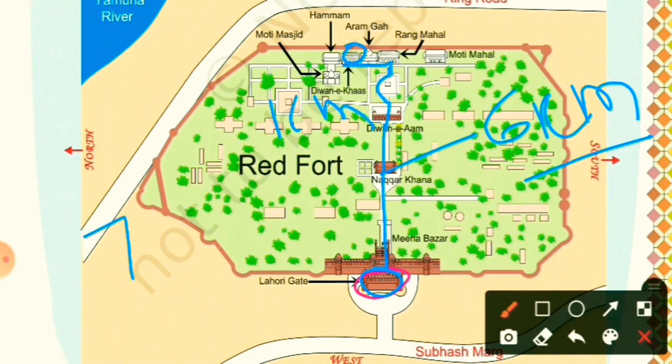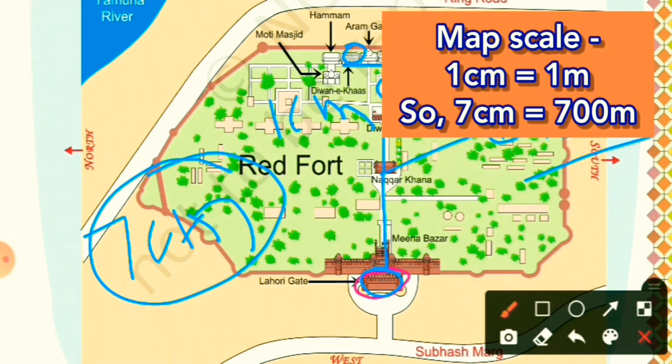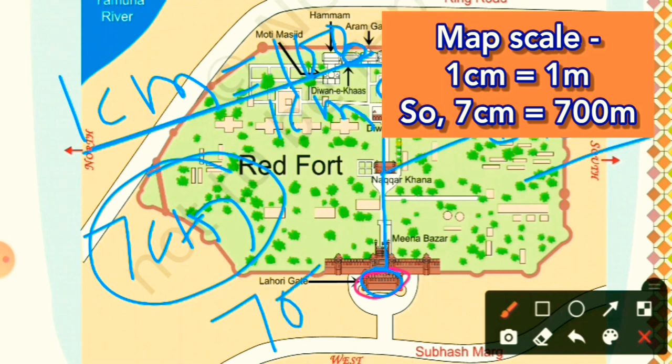So 6 plus 1, total 7 centimeter I found in my book, and according to the map scale, 1 centimeter was making 100 meter. So I can say the distance from Lahori Gate to Diwan-e-Khas is approximately 700 meter. Okay, it may change if you change the route, so it will definitely change.